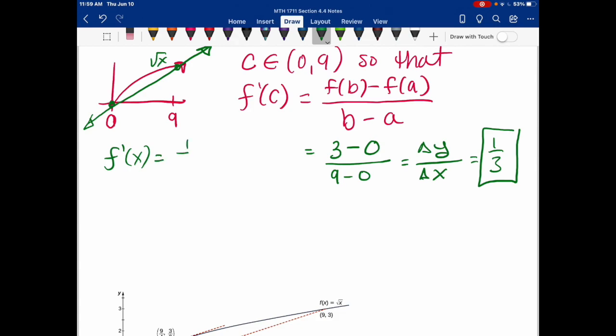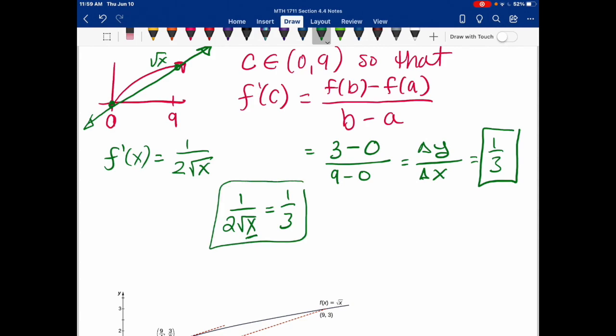So I'm going to take the derivative of the square root of x. When I do that, I get 1 over 2 times the square root of x. And so now I have 1 over 2 times the square root of x has to be at some point 1/3. I want to find out what that value of x is. So where does my derivative have a slope of 1/3? That's what this is saying right here.